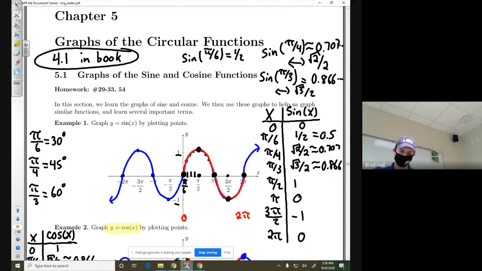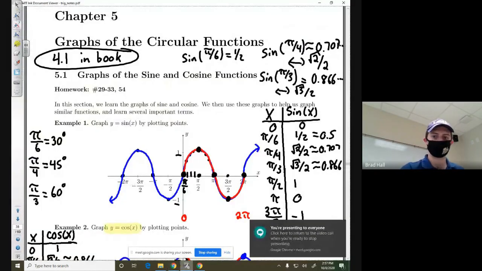Why not? Oh yeah, because if you try doing stuff in 5.1, you might not have too much fun. Fundamental identities, yeah, that's not a very fun section for some people. It's more so proofs, which are, I think they're fun, but a little biased. So yeah, definitely 4.1 in the book. 100% 4.1 in the book.